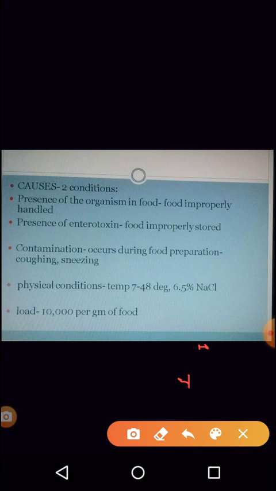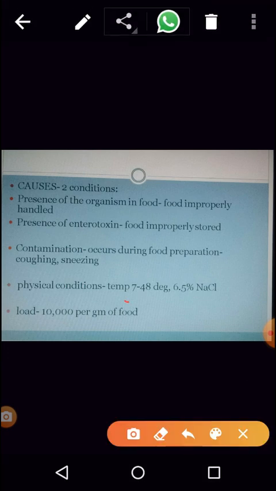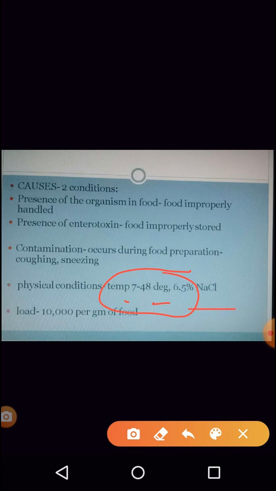Now, what are the physical conditions for the microorganism to grow in this food? It has a very wide temperature range, 7 to 48 degrees centigrade. That's a huge range. The growth is enhanced in the presence of 6.5% NaCl.